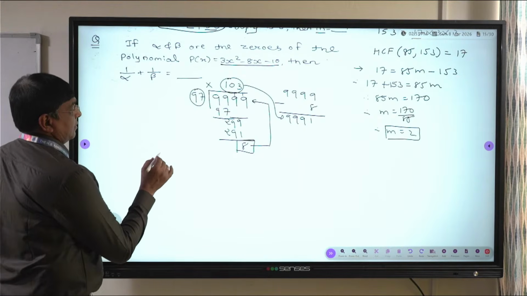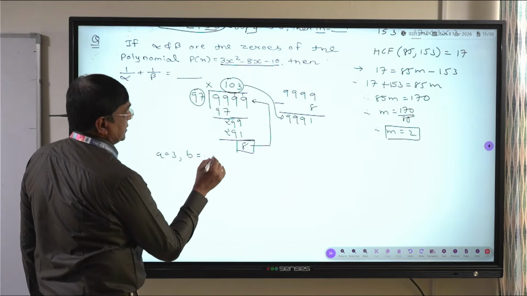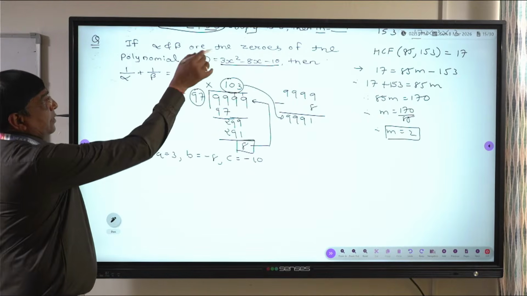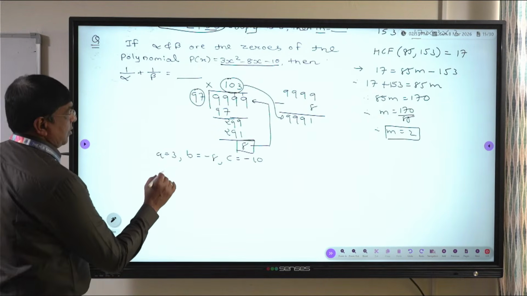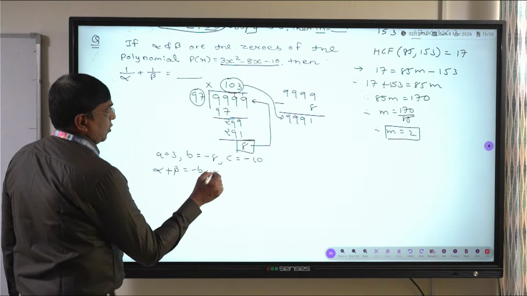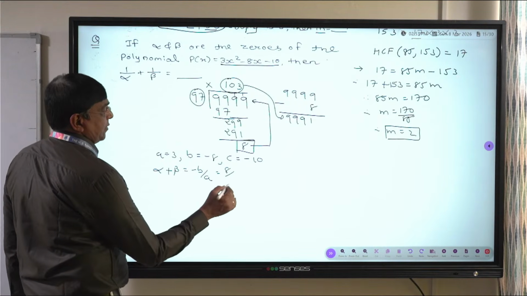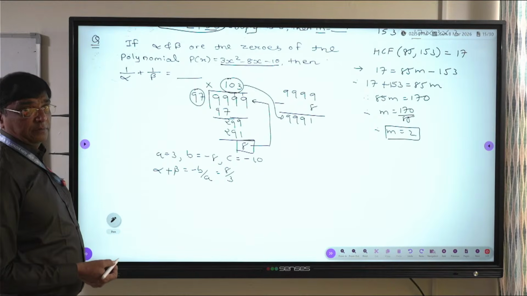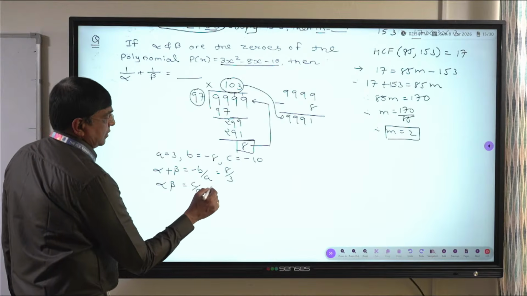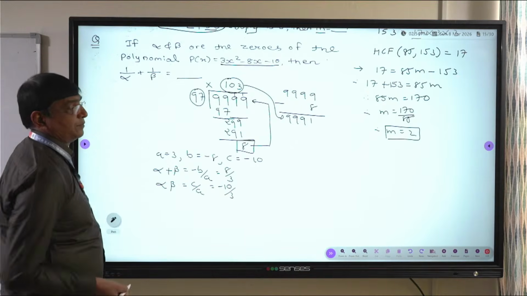So we get A equals 3, B equals minus 8, C equals minus 10. Alpha, beta are the zeros. So sum of the zeros, alpha plus beta, is minus b by a; minus minus becomes plus. 8 by 3 is the value of alpha plus beta. Similarly, product of the zeros, alpha beta, is c upon a, that is minus 10 upon 3.